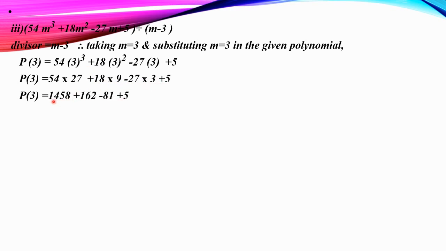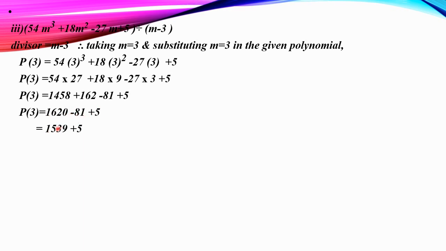Therefore, on the right hand side we get 54 multiplied by 27 as 1458 plus 18 multiplied by 9 will be 162 minus 27 multiplied by 3 will be minus 81 plus 5 as the last term. Solving from the left side, we get 1458 plus 162 as 1620 minus 81 plus 5.